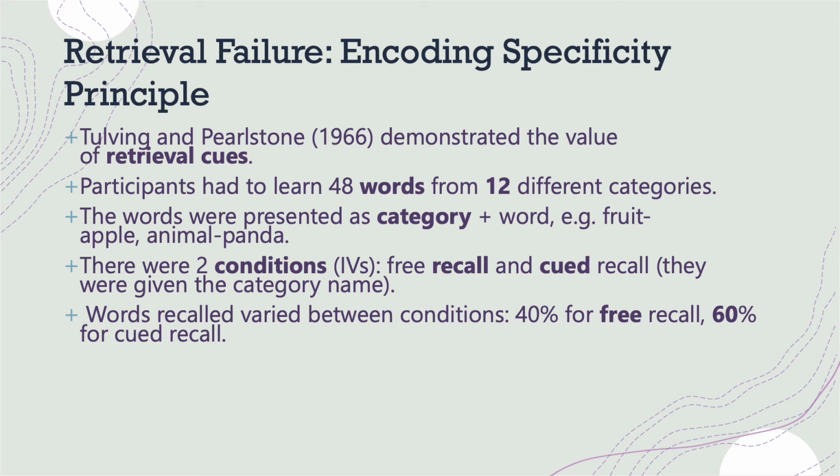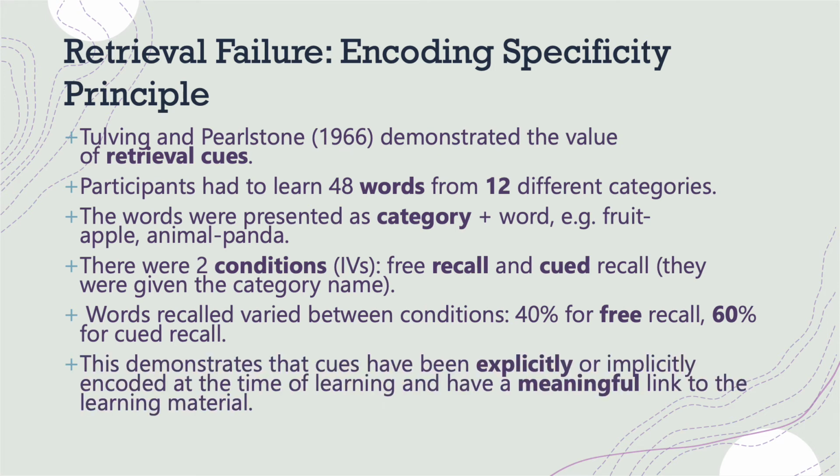So those who were given the categories recalled 60%, whereas those who weren't given the categories only recalled 40% of the words. This demonstrates that cues have been explicitly or implicitly encoded at the time of learning, and they have a meaningful link to the learning material. And this has some really good practical applications because we can use retrieval cues when revising.